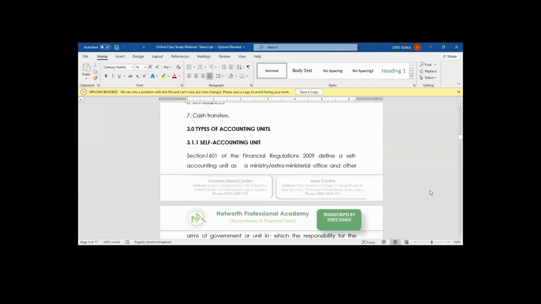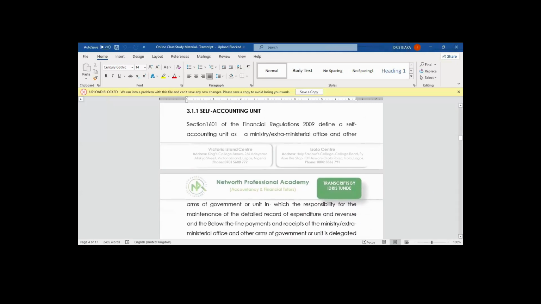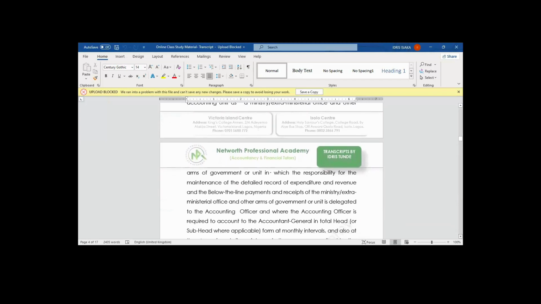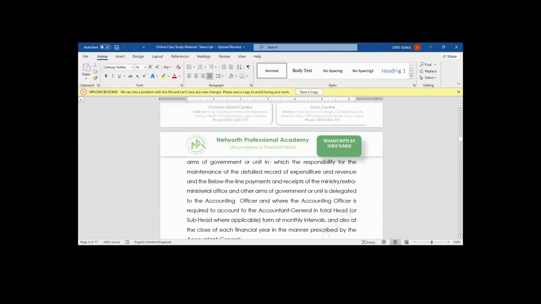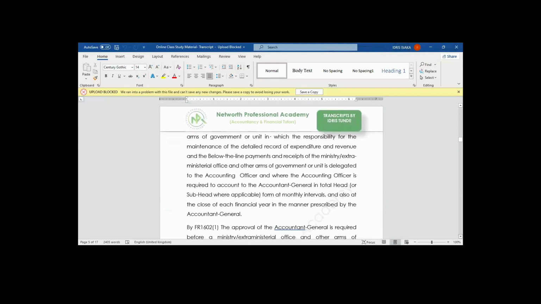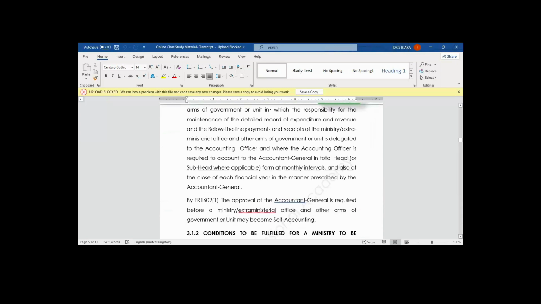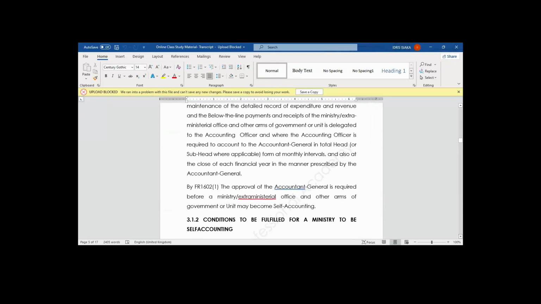Self-accounting unit is an accounting unit that has control over its revenue and expenditure.